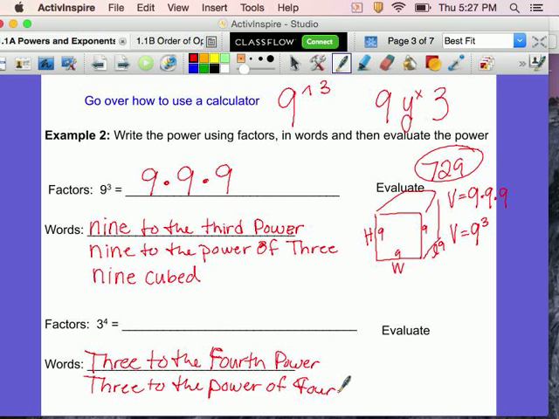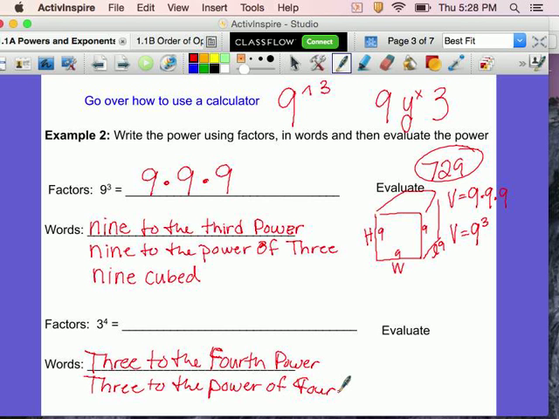And we don't have a 4th dimension, so that's the only way to say it. There's 9 cubed, there's squared if you have 2 dimensions, and then there aren't 4 dimensions, so we just say 3 to the 4th power, or anything higher than that, we just read as is.